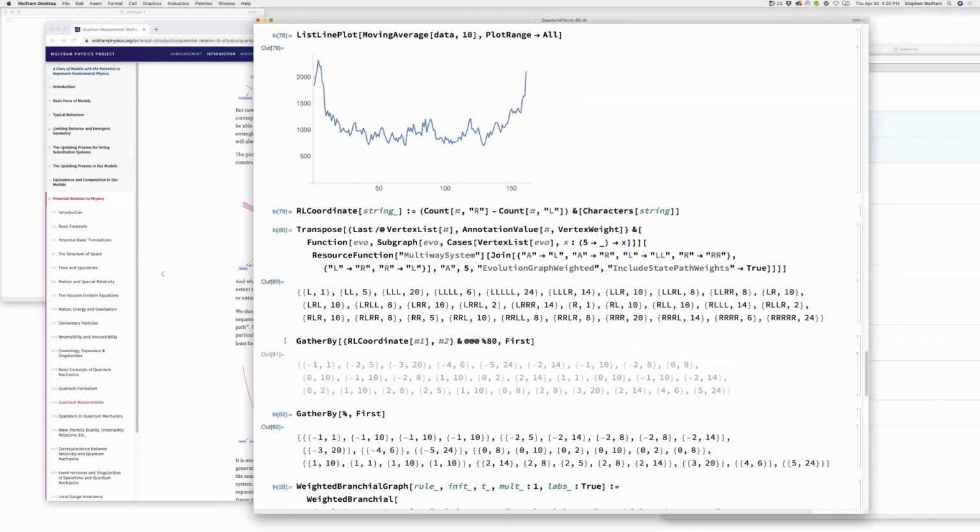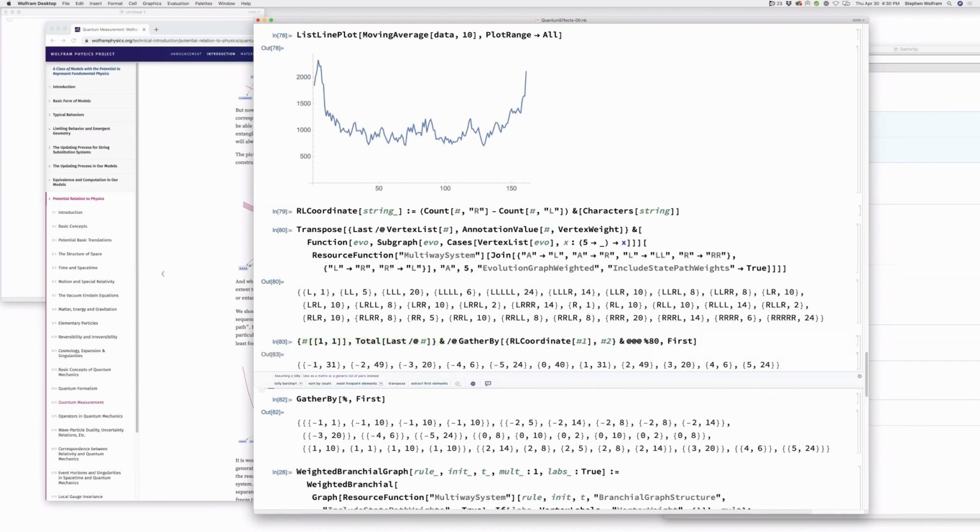And now for each of those, we want the first of that. And then we want the total of last at that. I claim. I think we want to map that over this. Okay, looking good.